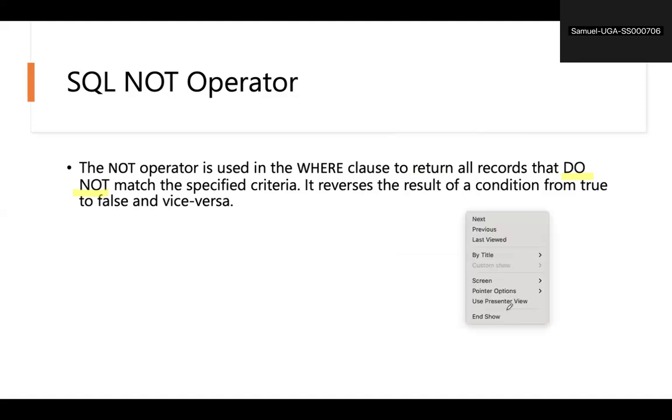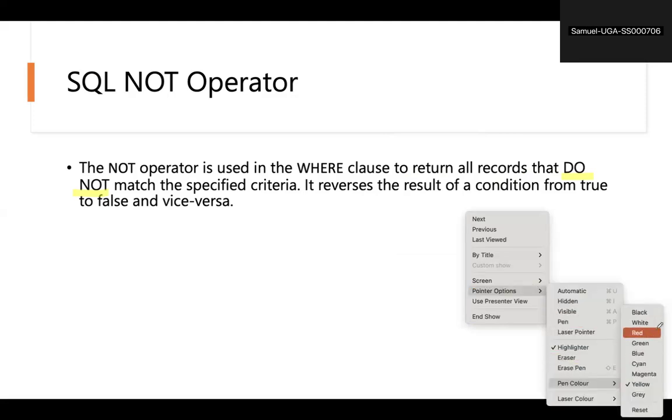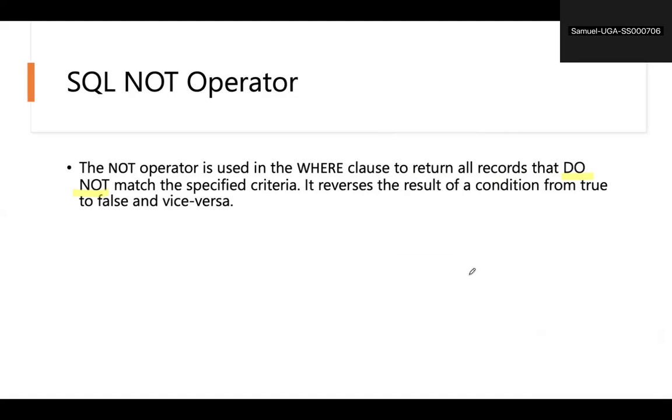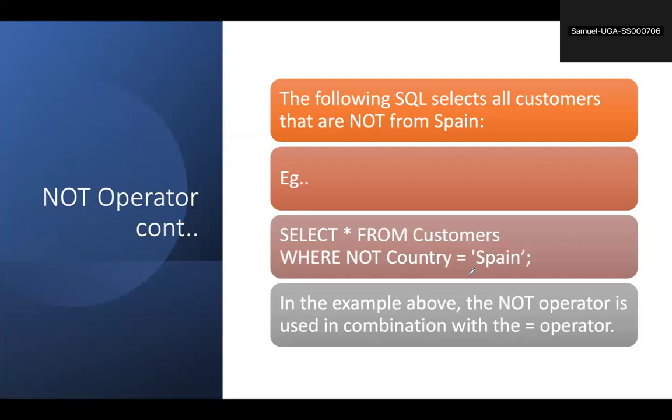The way you can say it is, return for me Sise who doesn't come from Masaka. So long as the district is not Masaka, it will look out for someone called Sise, but the district is not Masaka.